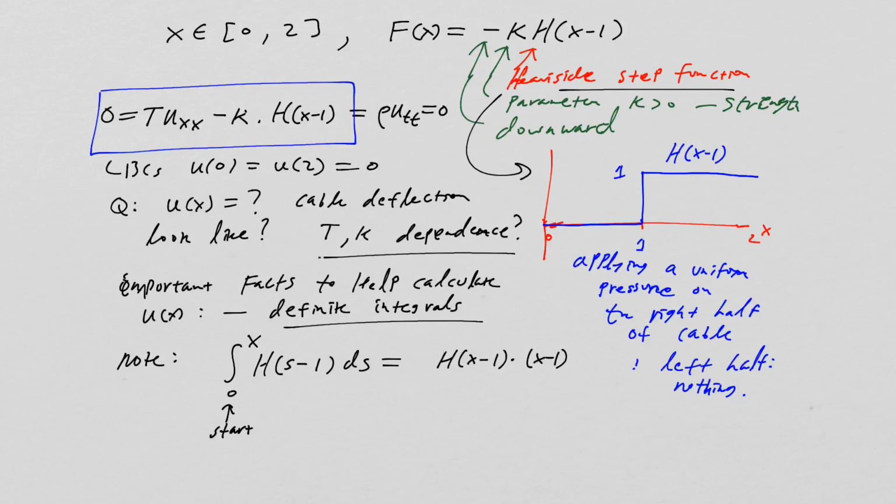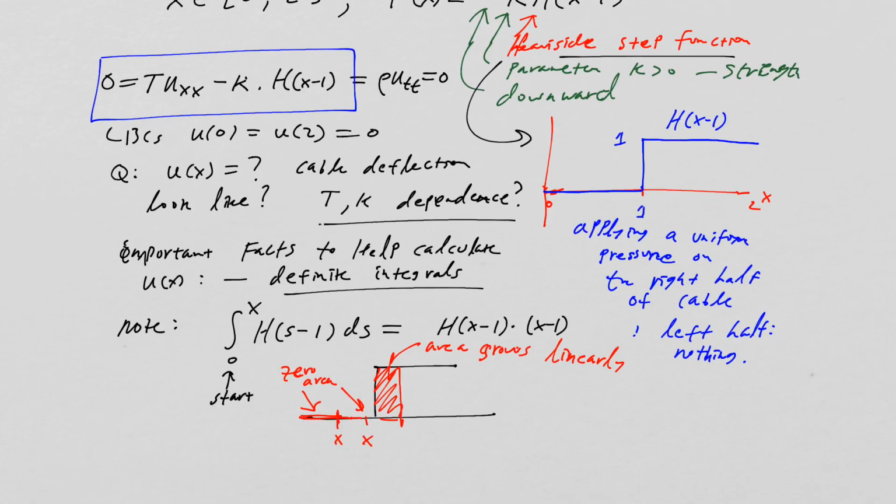And again, the way you want to think about this is remember that what we have here is a step function, like this. Now when I pick a certain x here, what's the area under the curve? But then if I move x here, still 0 area. But when I move my x here, I see the area under the curve grows linearly.